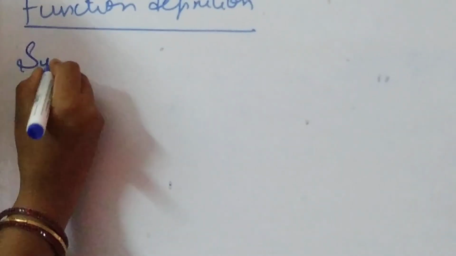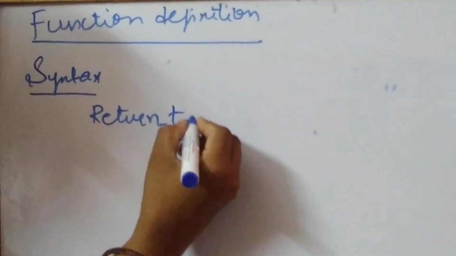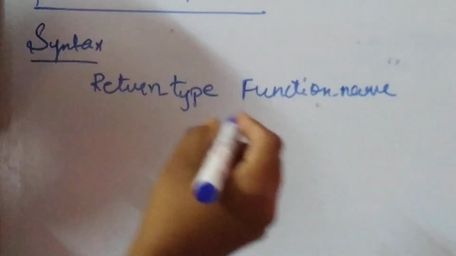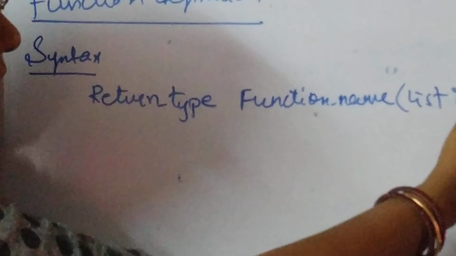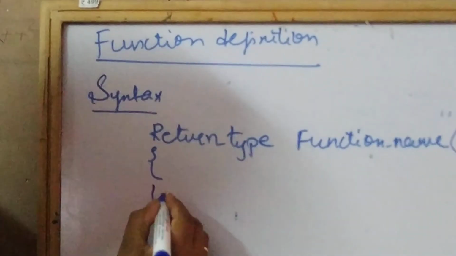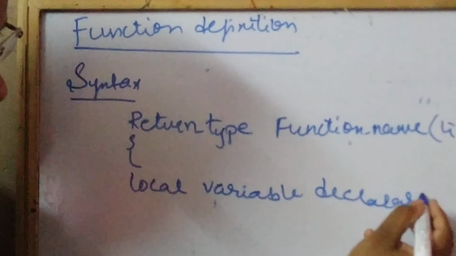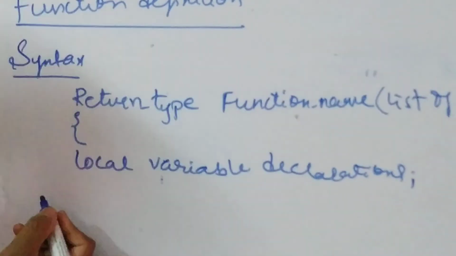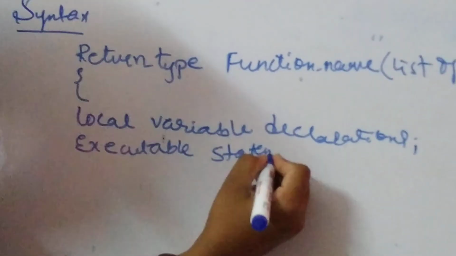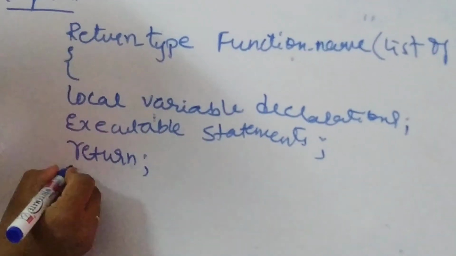So again, the syntax for the function definition is: return type, function name and list of parameters, open brace, local variable declarations (already we know what local variables and global variables are), executable statements, return, close the brace.